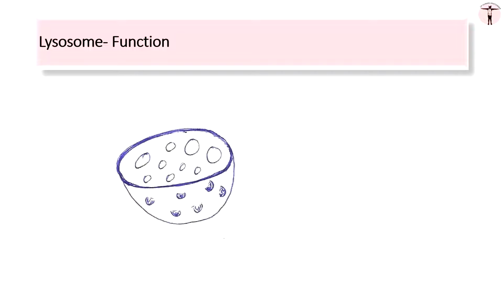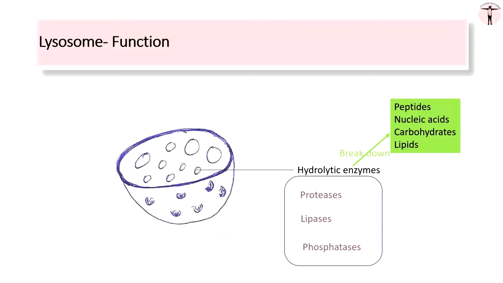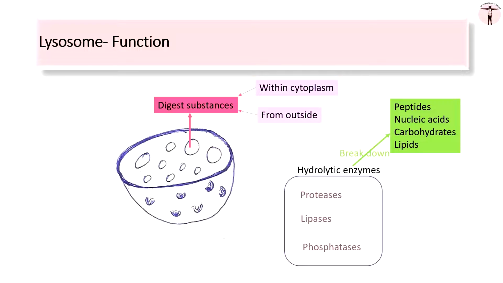So we know lysosomes contain a variety of hydrolytic enzymes. These enzymes, when set free from the lysosomes, can break down many kinds of biomolecules, including peptides, nucleic acids, carbohydrates, and lipids, and may digest certain substances which originate within the cytoplasm or substances introduced into the cell from outside.